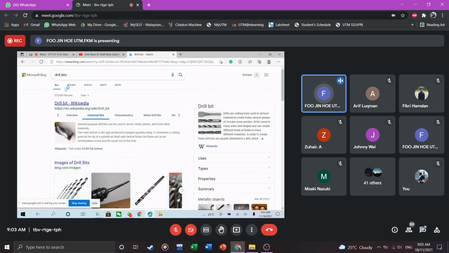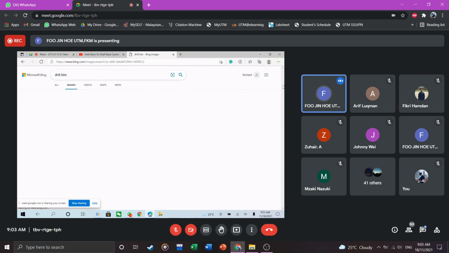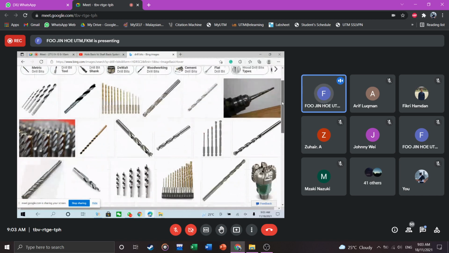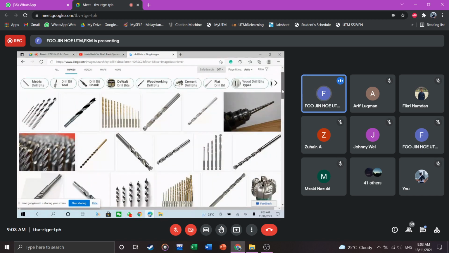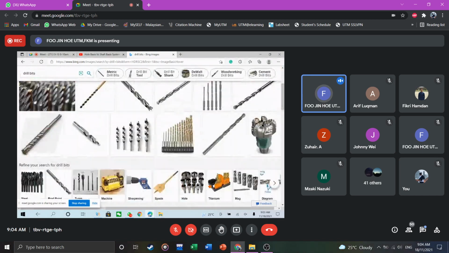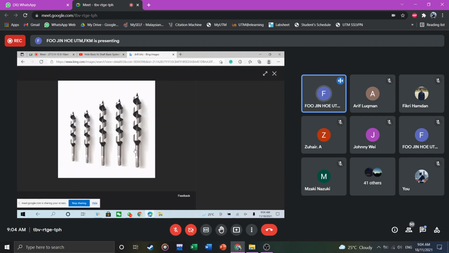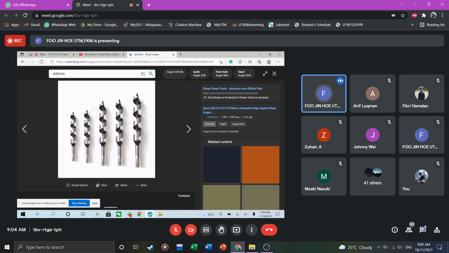You can see that this is a multi-edge. The chance for all edges to fail or wear at the same time is lesser. Wear and tear might happen in some of the edges, but not all of the edges at one time.